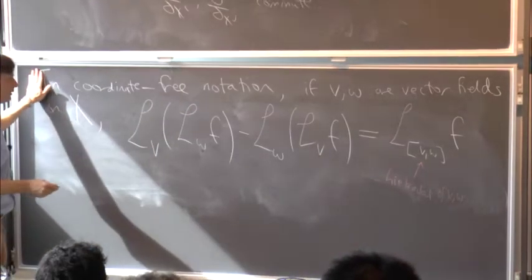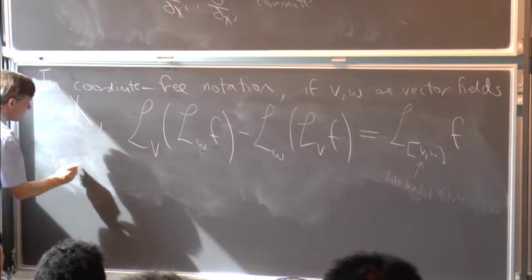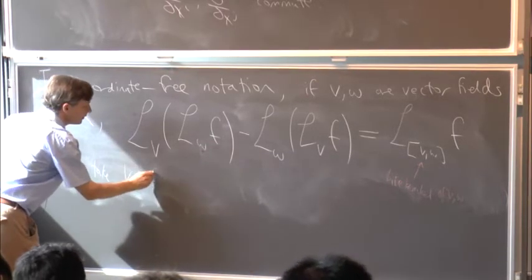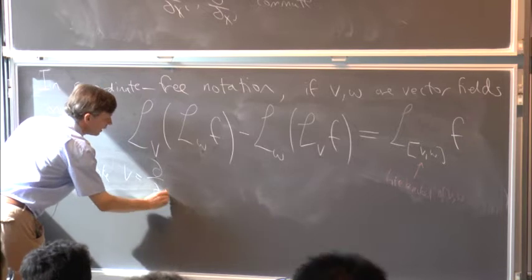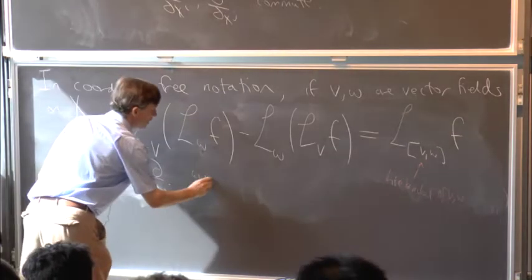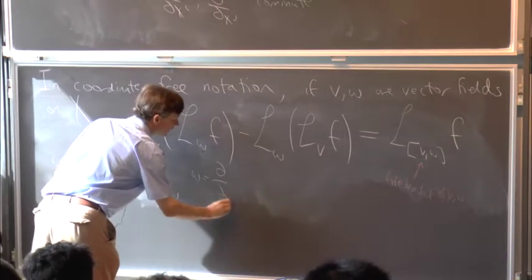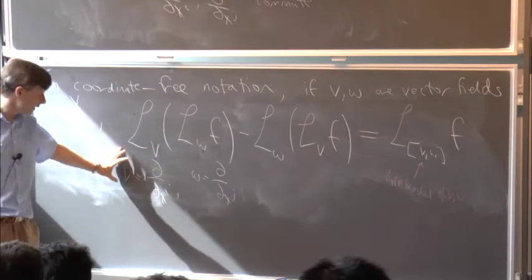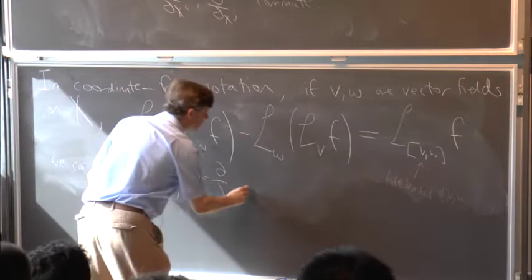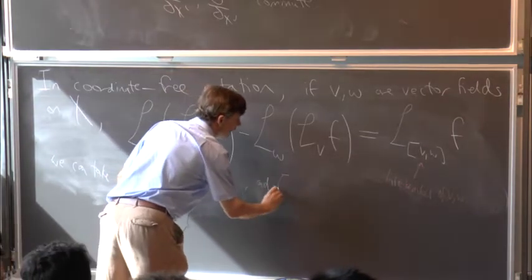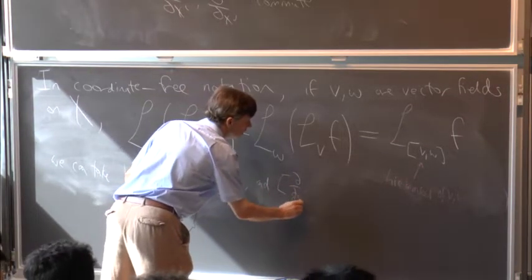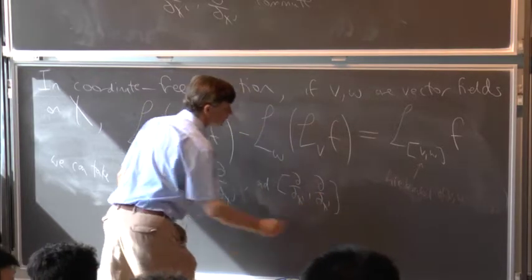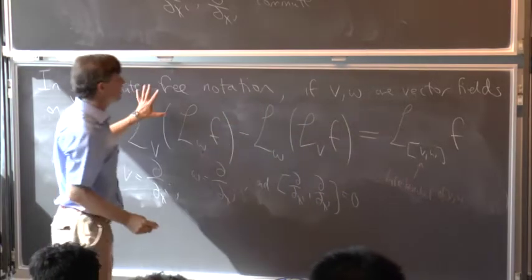So then we can take, if you like, v is ∂/∂x^i and w is ∂/∂x^j, because the coordinate derivatives are actually examples of vector fields, and then the Lie bracket of ∂/∂x^i and ∂/∂x^j is 0.